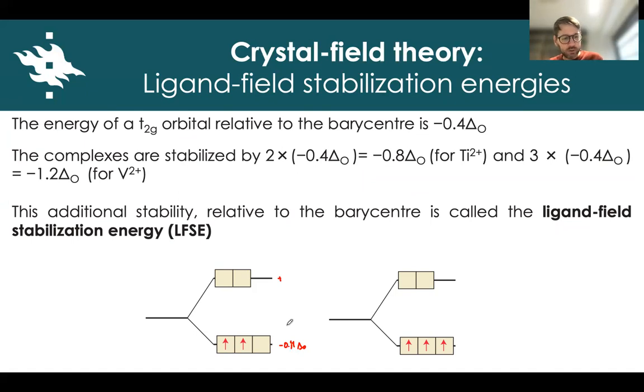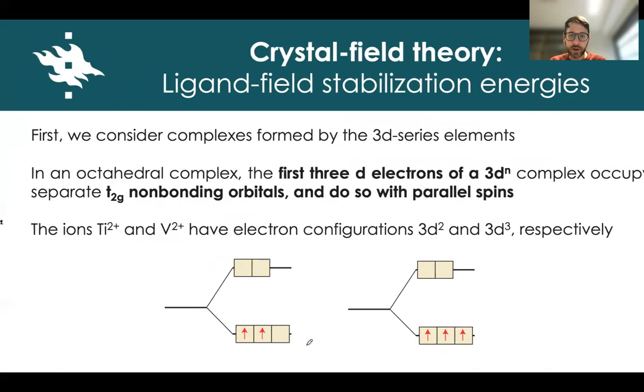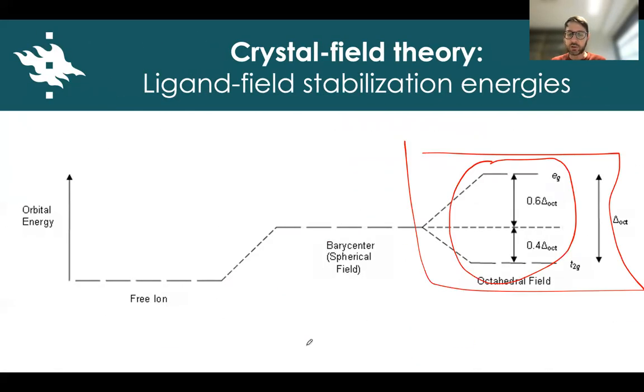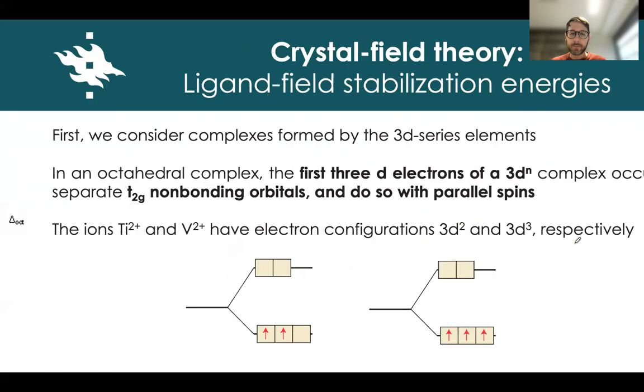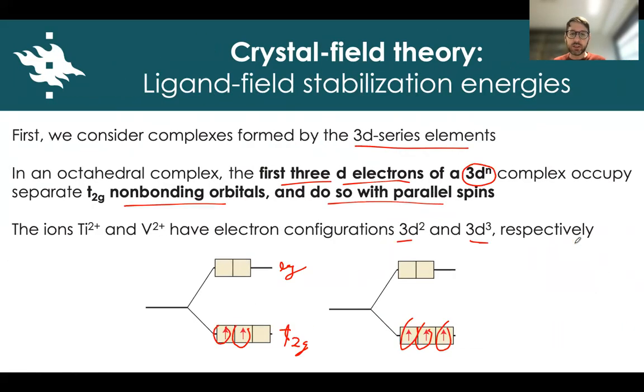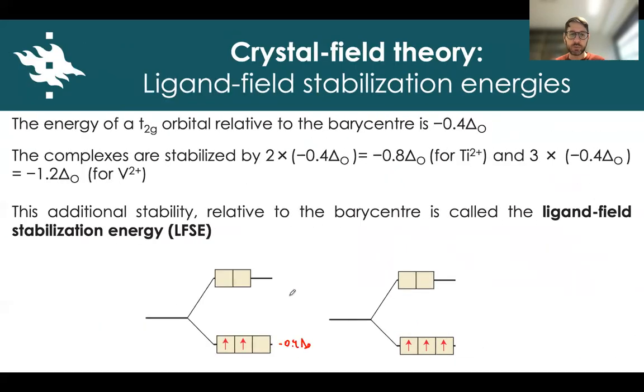It is minus 0.4 of the ligand field parameter, and this comes from the fact of this variation relative to the barycenter. Okay, so this means that the decrease in energy for the T2g level must be equal to the increase in the energy for the Eg levels.